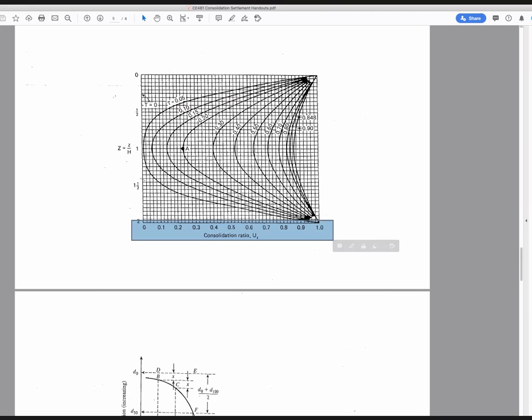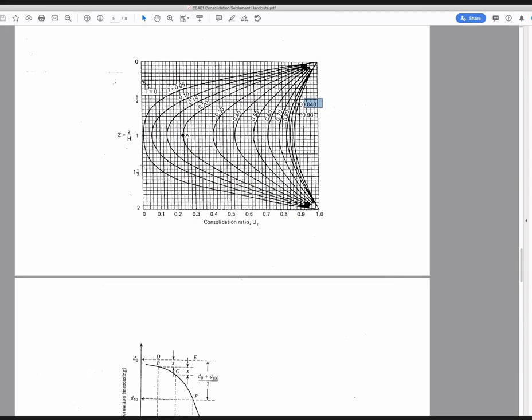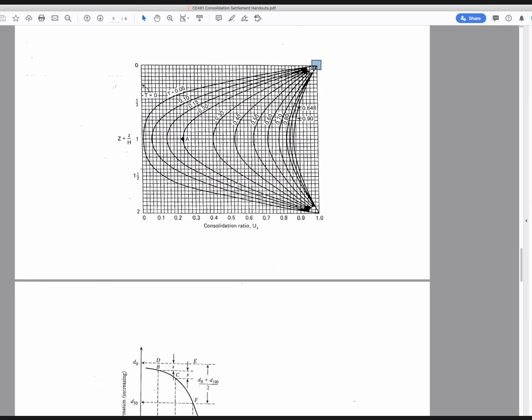For that 0.848, which is identified here for the 90%, you're going to end up with the peak of that parabola being less than 90, and the edges, of course, being greater than 90. They're right at 100 because they're draining instantaneously. If we represent that parabola as an equivalent rectangle, that's where we come up with the 0.9.